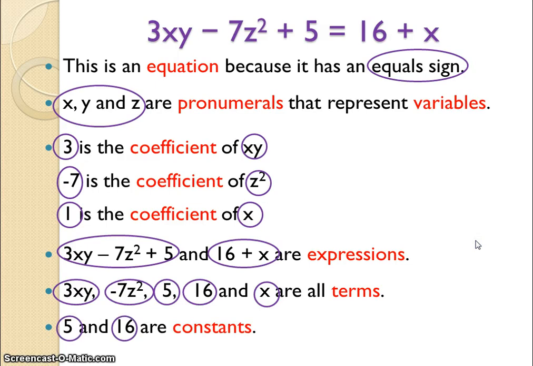And there are two constants, 5 and 16. As you can remember, constants are numbers on their own. So there you have it. That is the language of algebra.